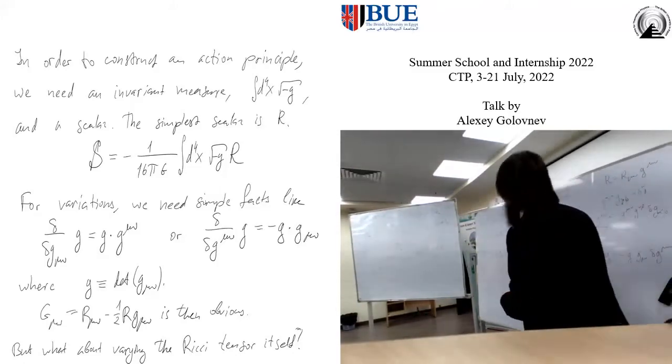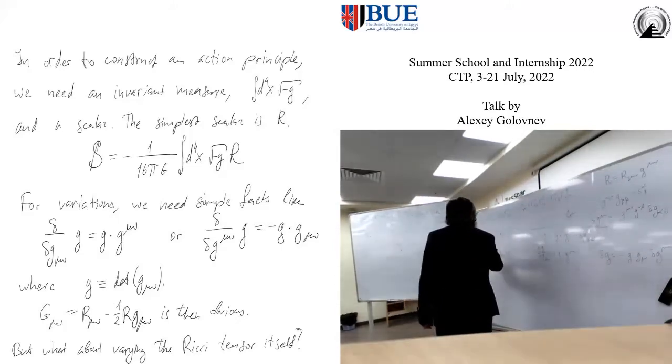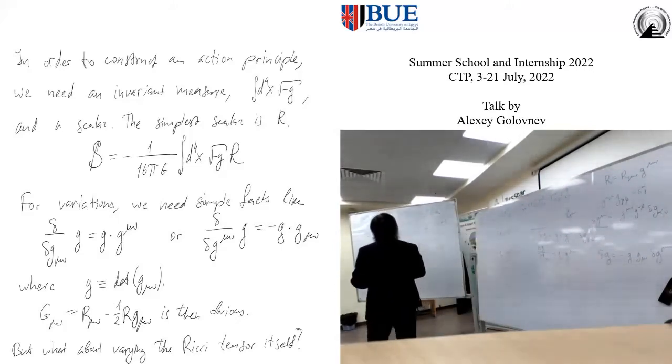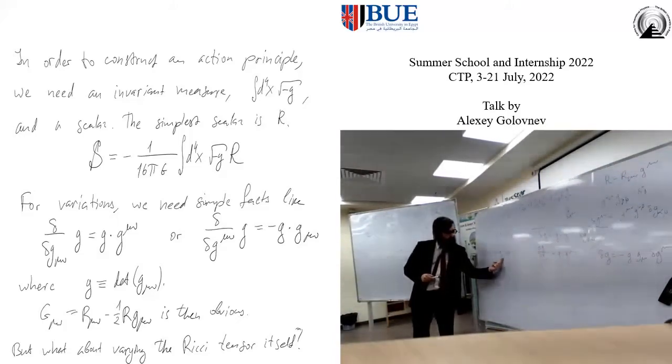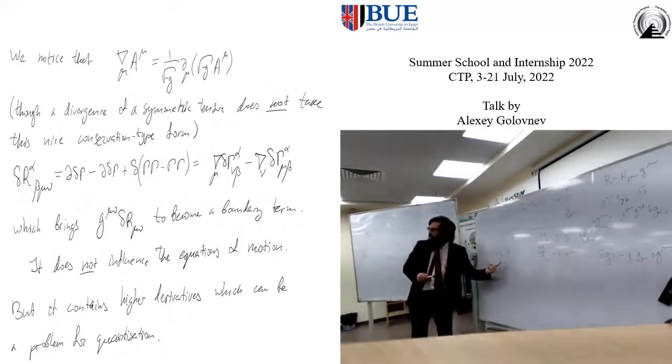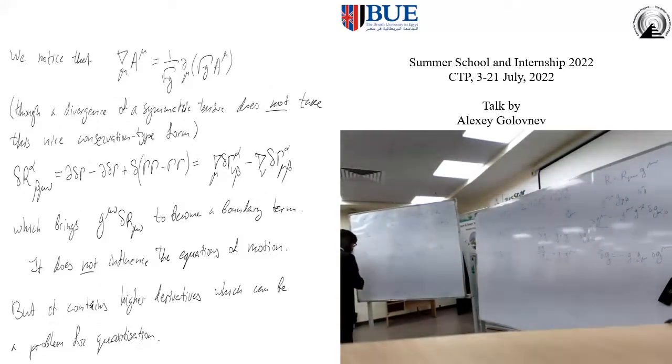Okay, maybe before I do that, let me also mention the following thing, because this is an interesting point. Suppose I want to calculate the divergence of a vector. How do I do that?